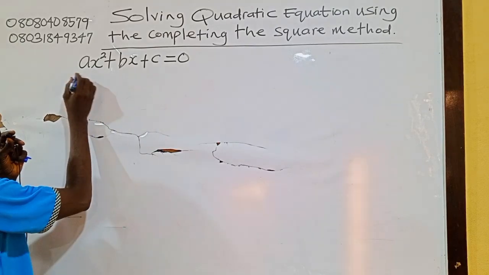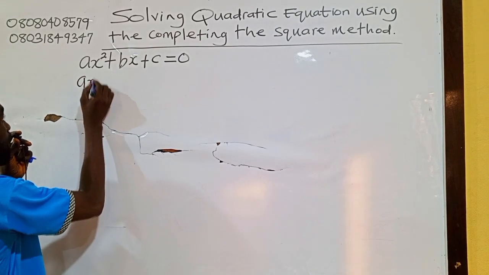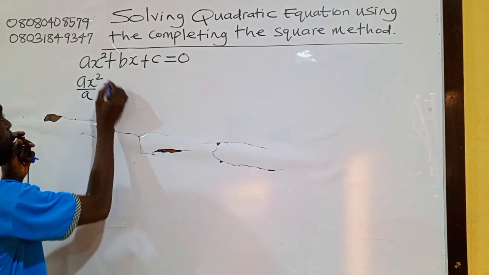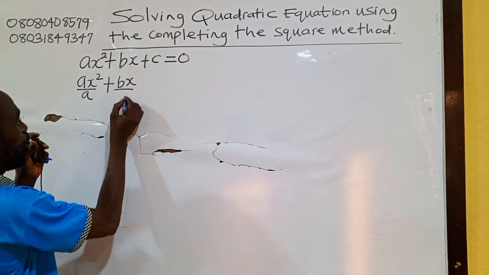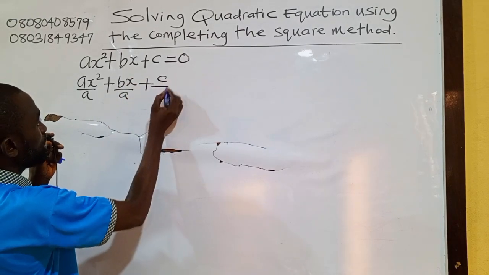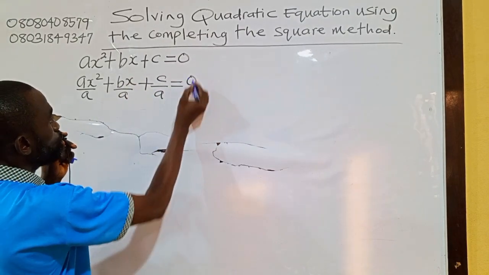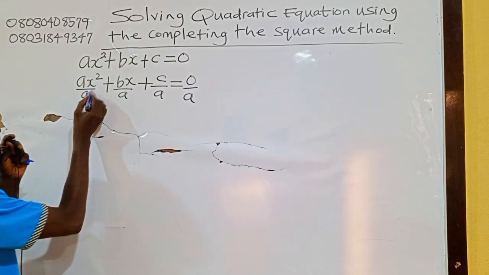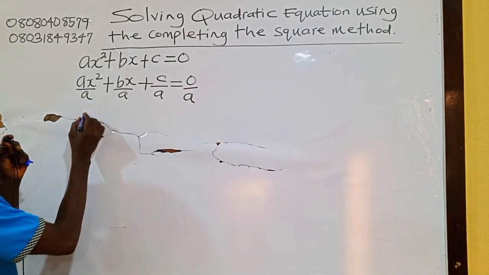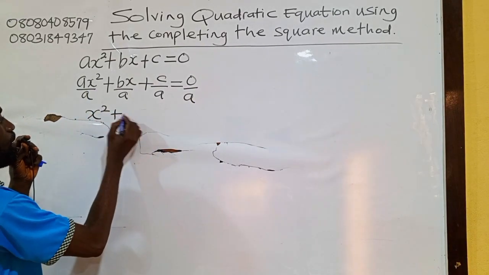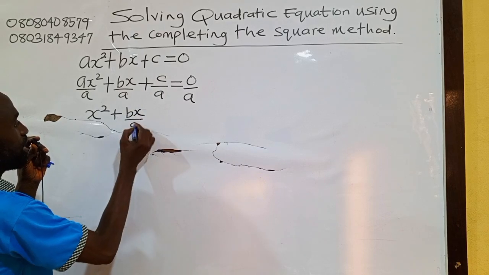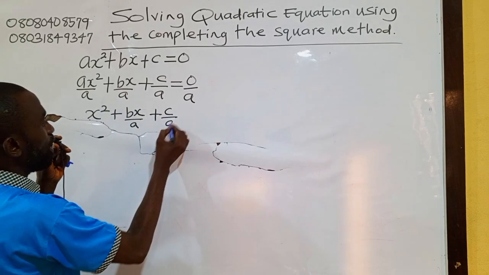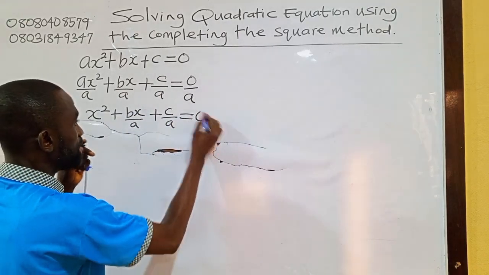So this will become ax squared all over a plus bx all over a plus c all over a equals 0 all over a. a will cancel a here. We'll be left with x squared plus bx all over a plus c all over a equals 0.